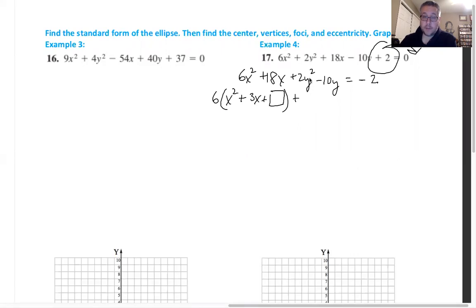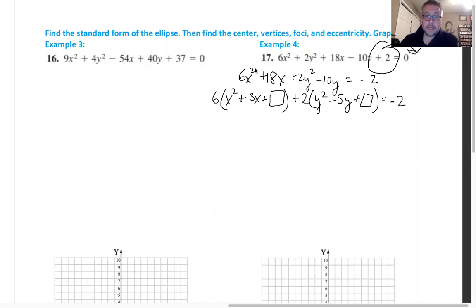Now, same deal with the y squared. Factor out the coefficient of 2. So you have 2 times the quantity of y squared minus, you factor 2 out of 10, you get 5, plus our placeholder constant equals negative 2.